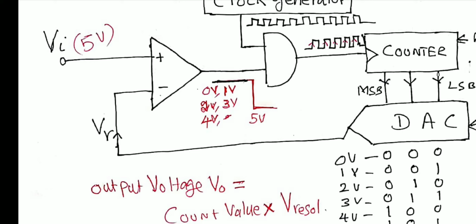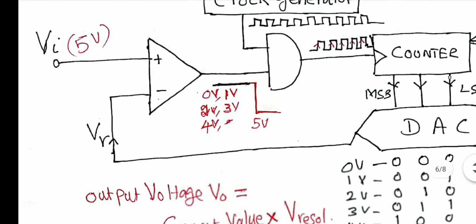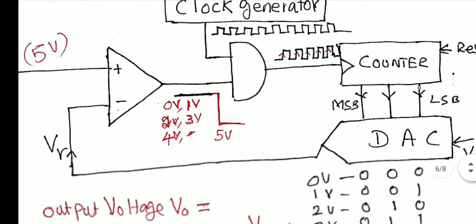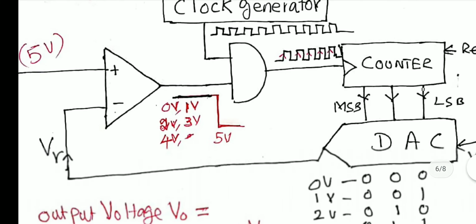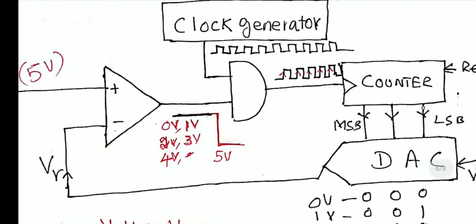Now 5 volt is compared with 0 volt, 5 volt is greater, so it is given to the positive input. Then the comparator output will be the positive supply voltage, that is high. So the comparator output is high, then the gate is open. The clock generator is connected to the other input of the AND gate, so the clock pulse passes through the AND gate and is available at the counter.